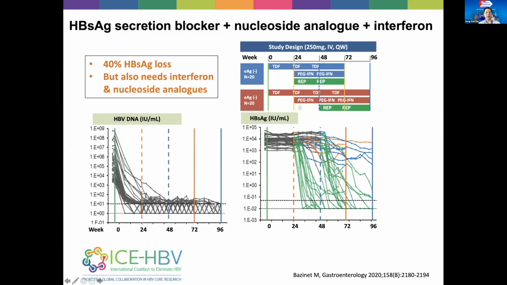Now, this is the S antigen secretion blocker, also called REP. And they use this in combination with nucleoside analogues, which we already have approved for treatment, and interferon. Again, interferon is being used in this study, and it seems to be quite an important drug to achieve S antigen loss.